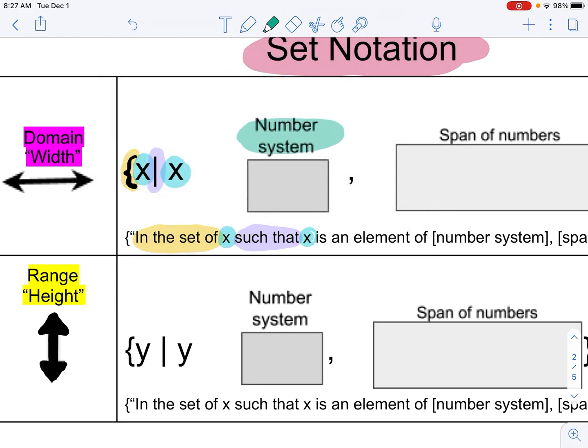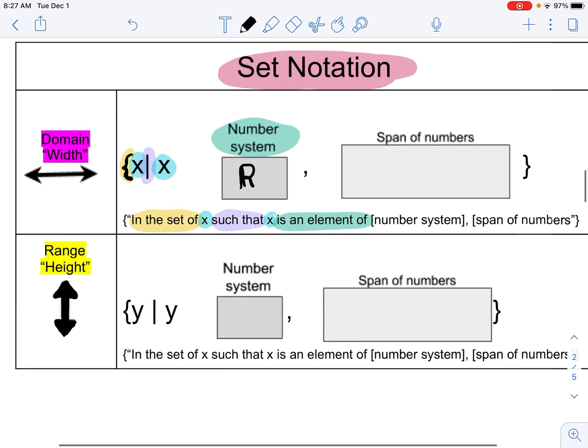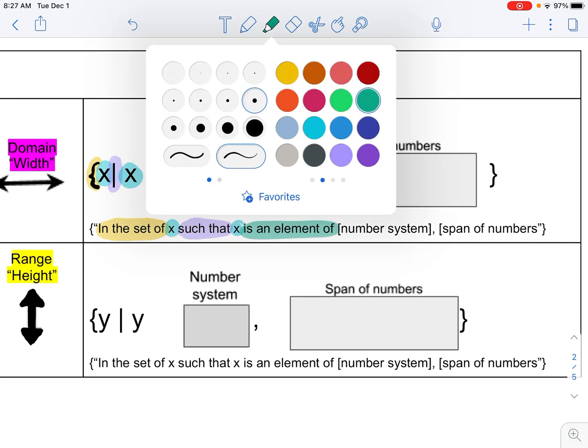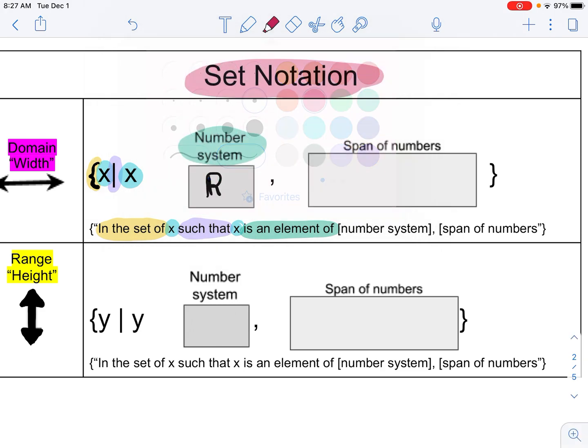So our number system is an element of, and so maybe you put R, which would be all real numbers. And then we obviously have our little comma, and then the span of numbers.